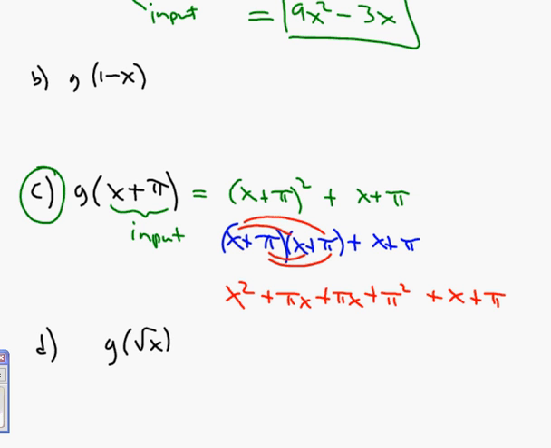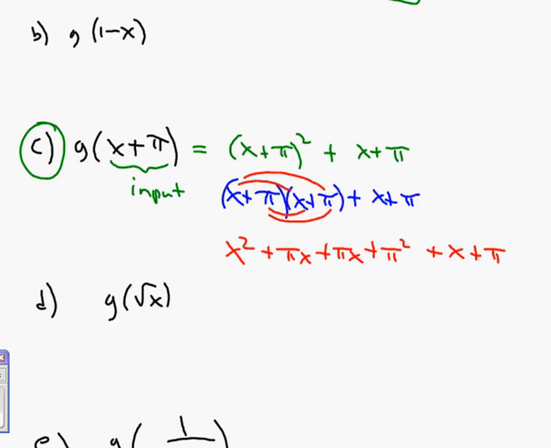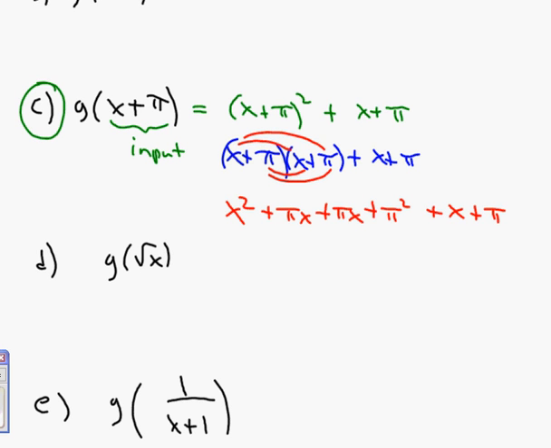Okay. So there's sort of one little fun thing here. We're going to look for like terms to add together. X squared, there are no other x squared terms, so that'll be sort of by itself. This is really an x term. It's pi times x. Here's another one. That's an x term. And here's another x term. Doesn't have a pi in front of it. Its coefficient is 1.